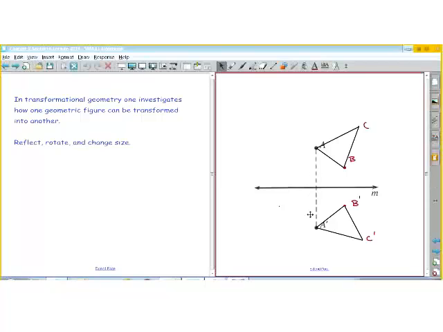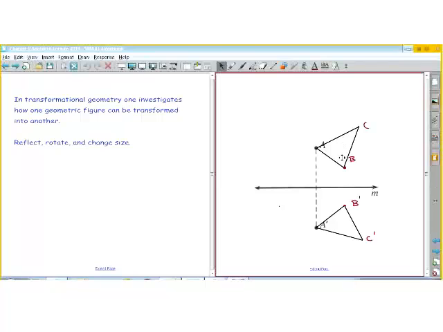If we wanted to look at the original image and the reflected image, we would draw a line from point A to line M at a 90-degree angle, and then you would make point A prime the same distance on this side of the line as it is on the other side. So I draw this line, and then I measure the distance from the line to this point, and then I take that distance and measure it.